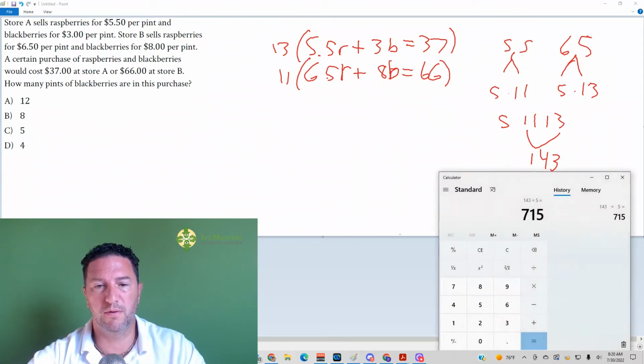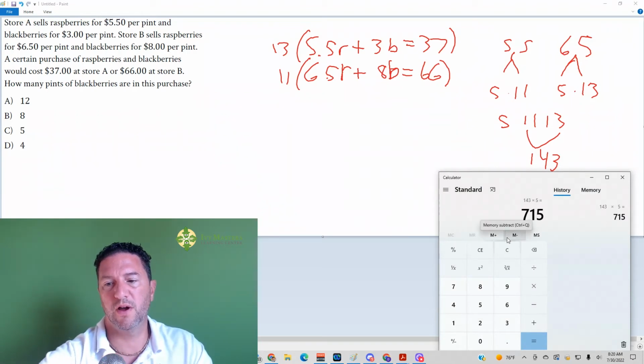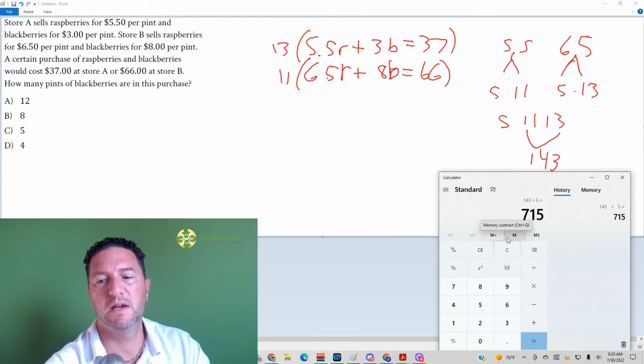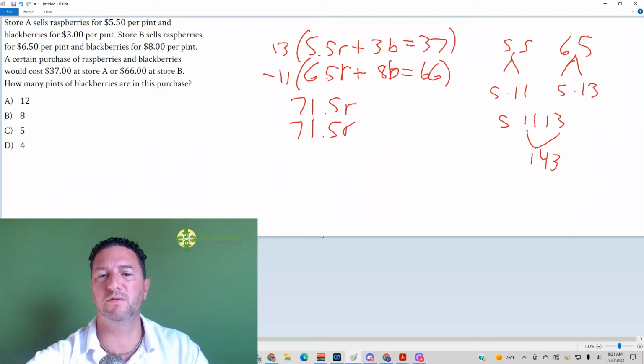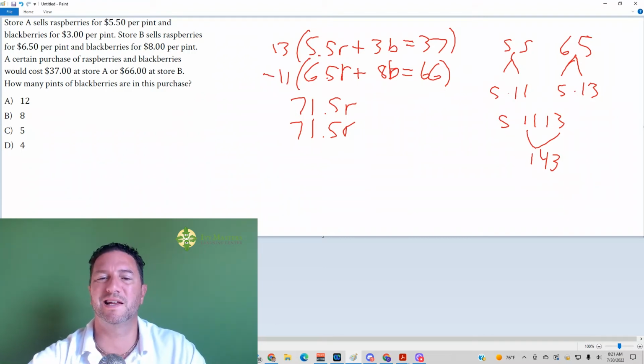So again, if I pull up my handy dandy calculator, we've got 13 times 5.5. That's going to be 71.5R, and so for this bottom we're going to get 71.5R as well. So I'll make this negative, so everything winds up multiplying as negative.